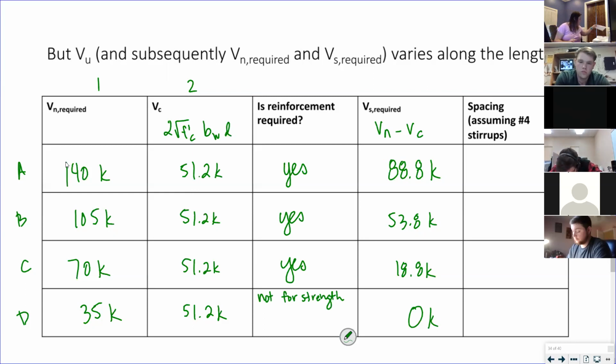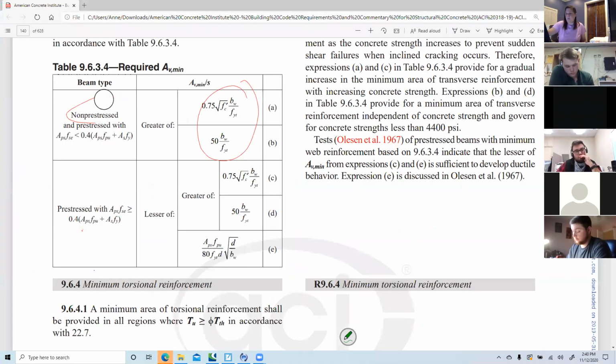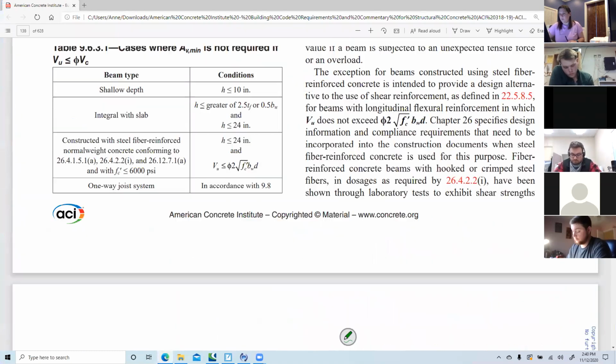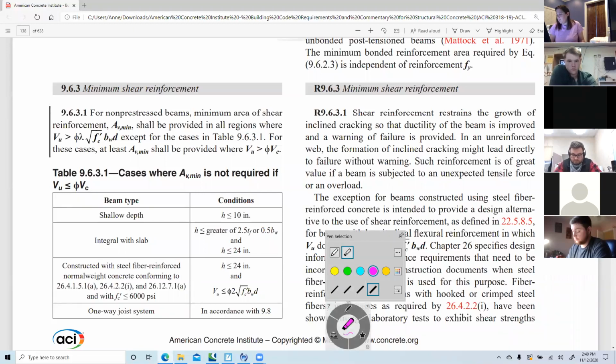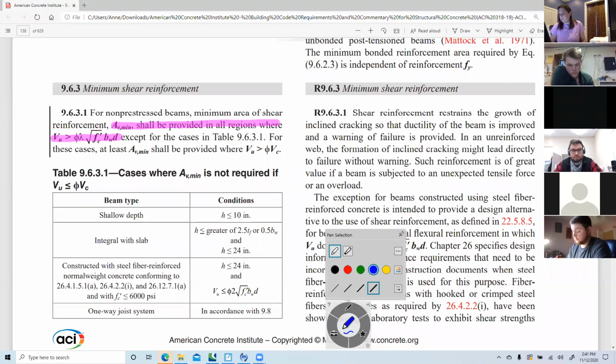But I need it because AV min shall be provided where VU is greater than that, which is essentially this equation.